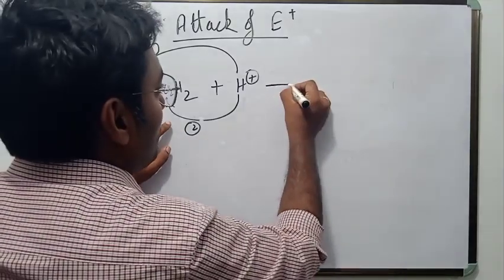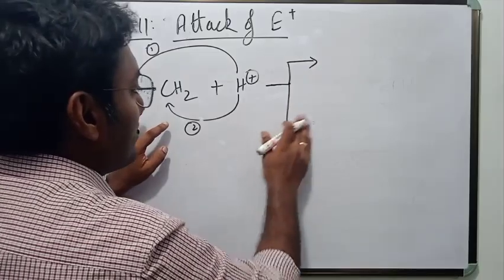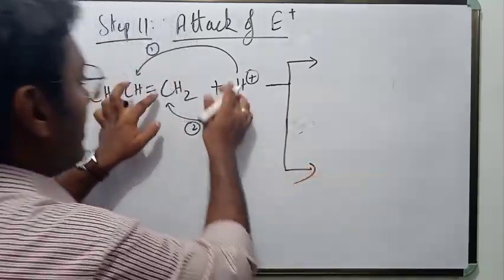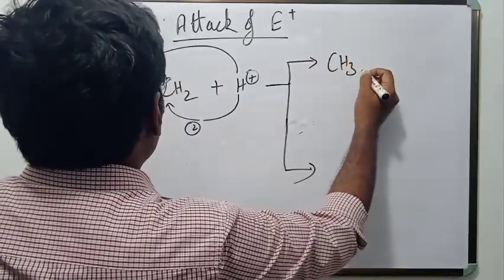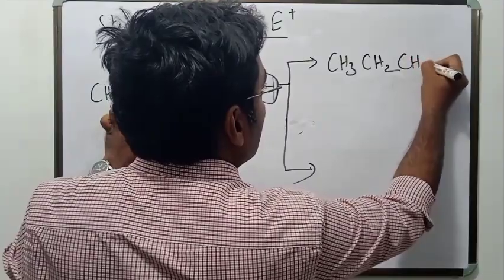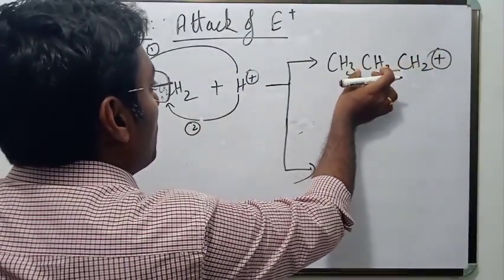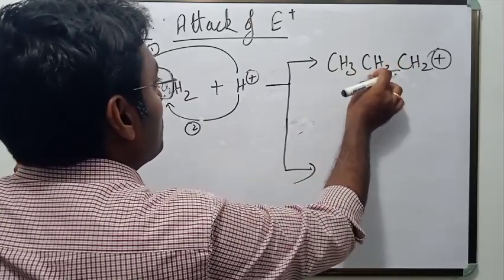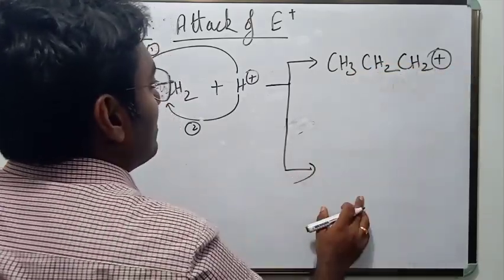Let us see what would be the carbocation that we get in case it attacks this carbon atom. That would be CH3, CH2, CH2 positive, because this carbon lost its electron pair to the hydrogen which got attached here. So the positive sign comes on this carbon atom.